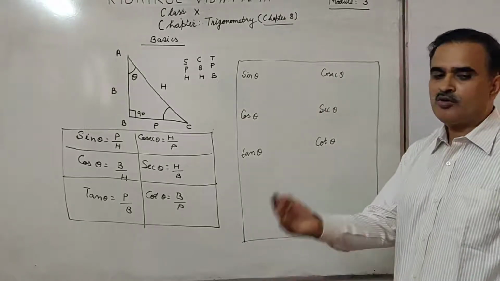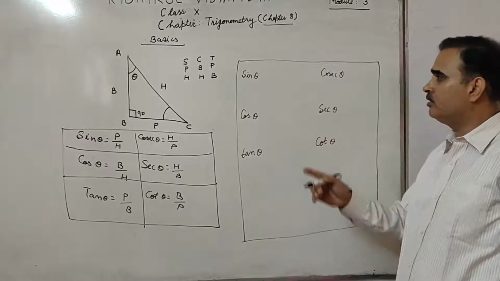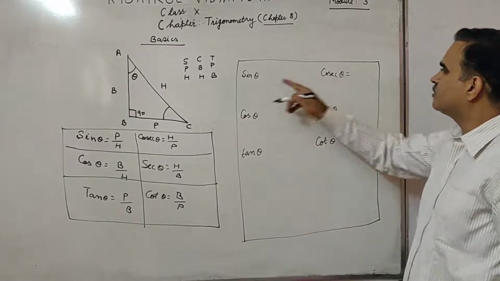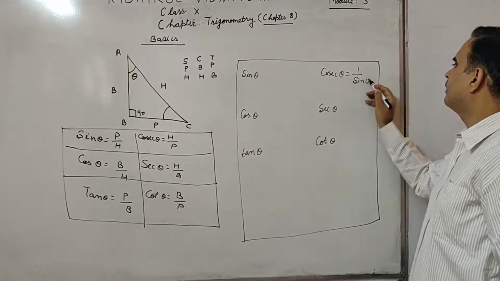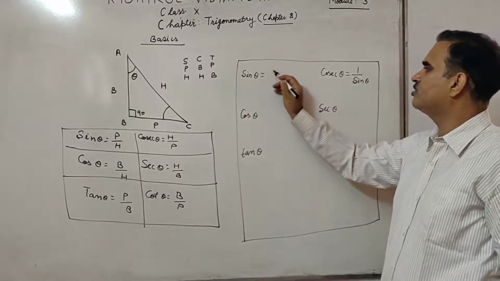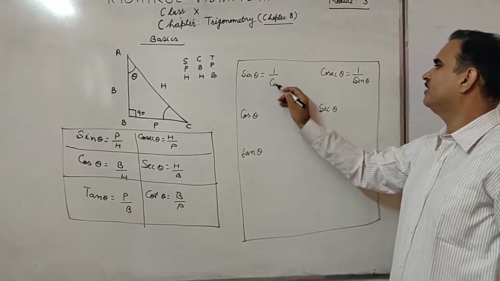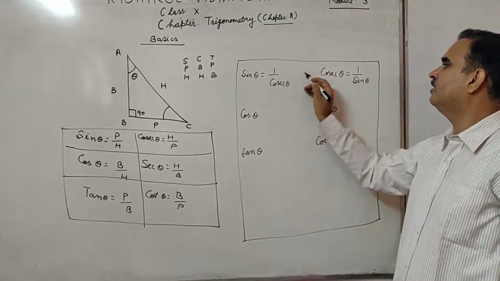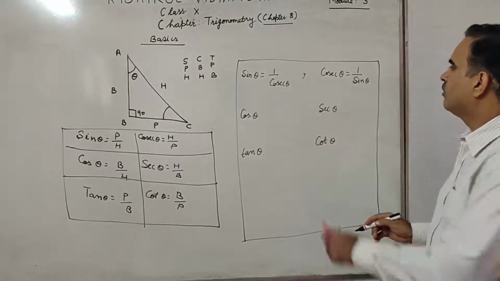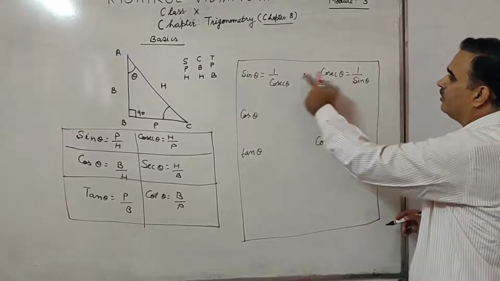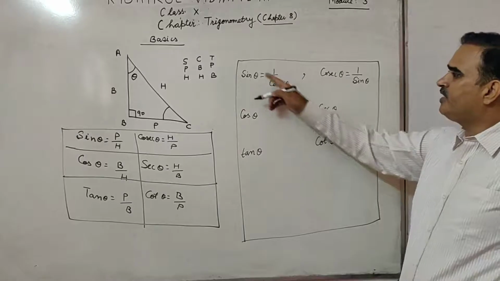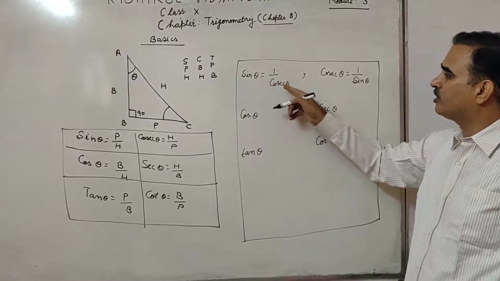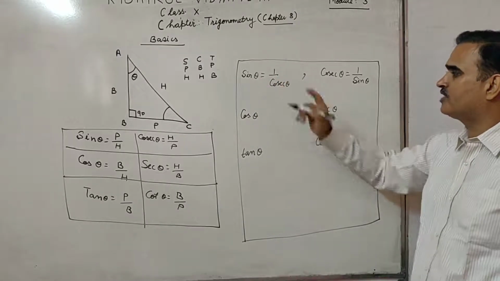As 2 plus 2 equal to 4, then 4 equal to 2 plus 2. As cosec theta is the inverse of sine, we can write 1 upon sine theta. Then sine theta is also the inverse of cosec theta, so we can write 1 upon cosec theta.